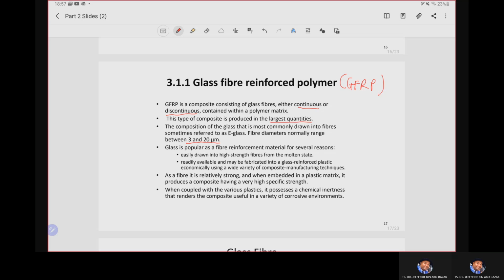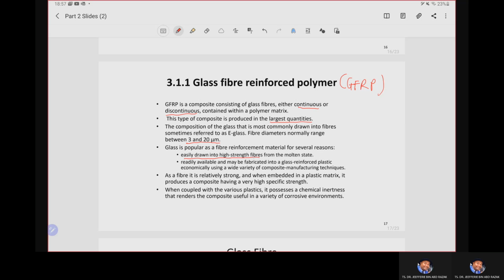Okay, just to highlight why glass fiber is very popular as fiber reinforcement, it is actually due to several reasons. It can be easily drawn into high strength fiber from the molten state.